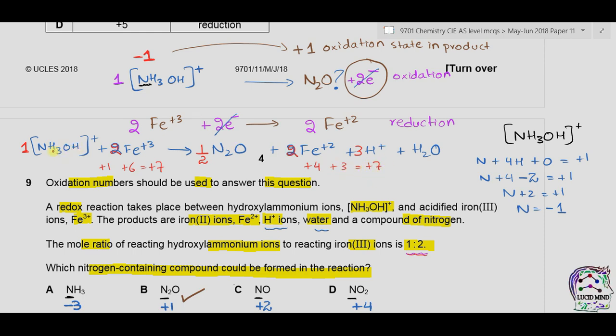As we have 4 hydrogen atoms on the reactant side and 3 hydrogen atoms are balanced, we can write half with H2O to balance hydrogen atoms. The oxygen atoms are already balanced, so now this is the balanced redox equation. The answer was B.